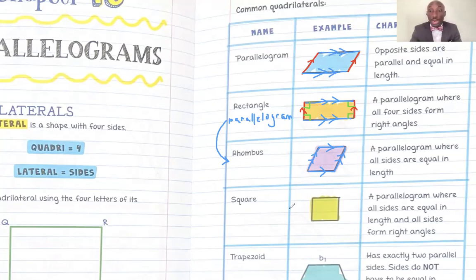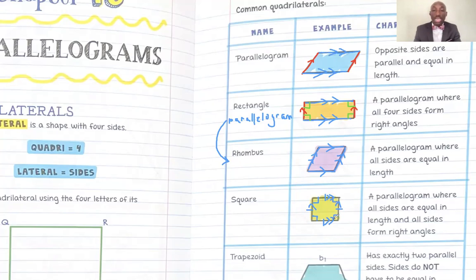Now let's get to a square. A square has two sets of parallel sides, and this side and this side, this side and this side are also parallel to each other. A square is also a rhombus, but it's a rhombus where all four corners are at 90 degrees.